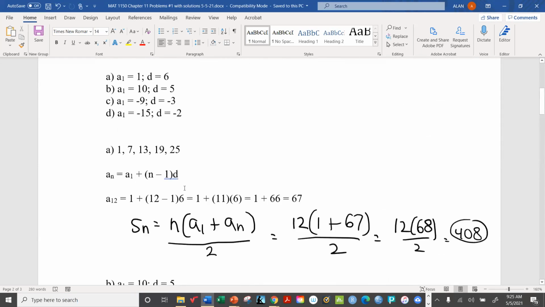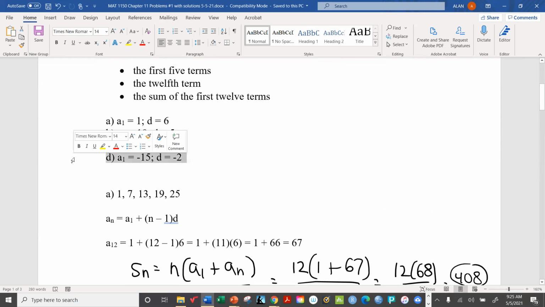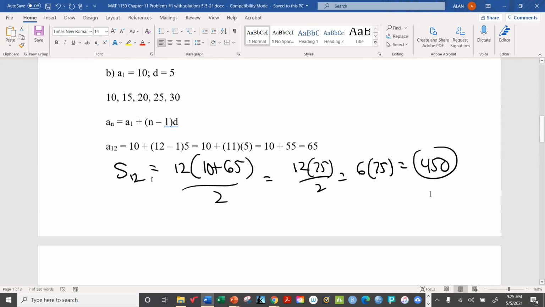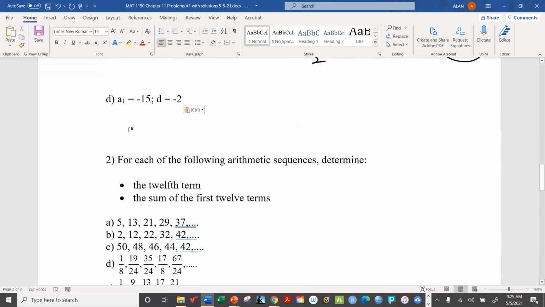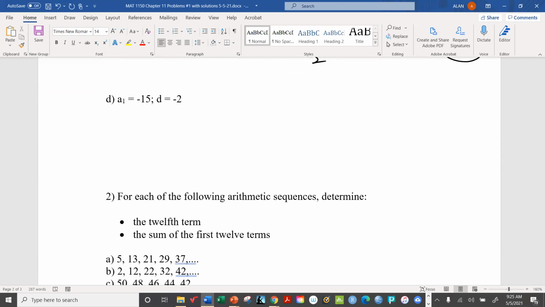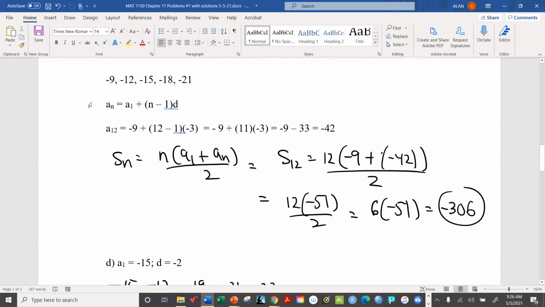All right, and then let's go to D. So once again, we start with -15, and we're subtracting 2 each time. So the numbers will become more and more negative. All right, very good. Now, again, let's use the formula for the 12th term.